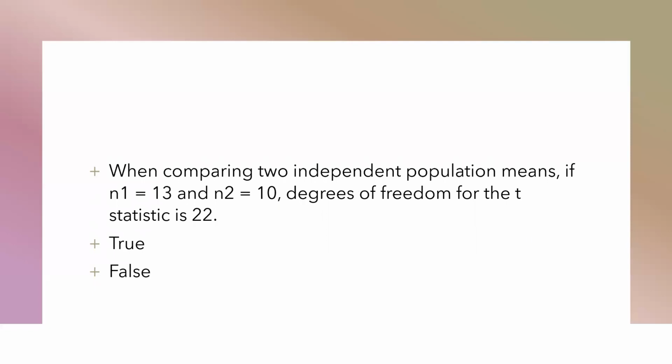When comparing two independent population means, if sample size number 1 is 13 and sample size number 2 is 10, the degree of freedom for the T statistic is 22. Well, remember that, let me draw something here. Remember that the degree of freedom was the sample size minus 1.